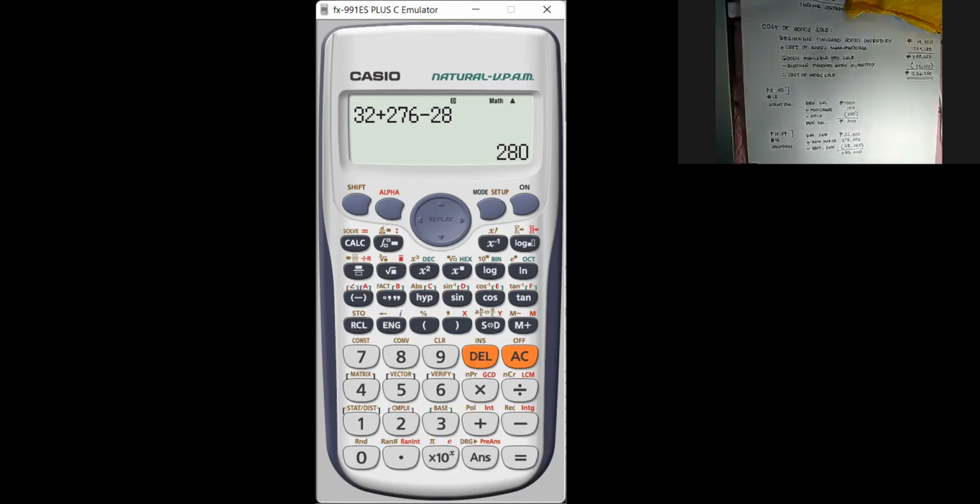280,000. Okay, write it down. And that is the cost of raw materials, or the cost of direct materials. Okay, so this is direct materials.